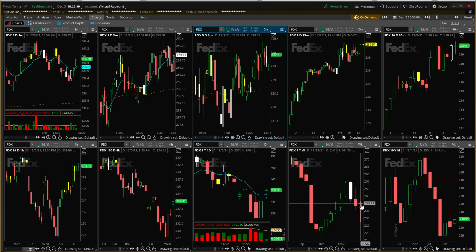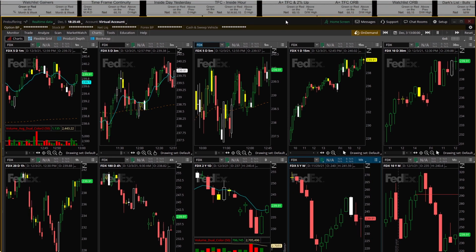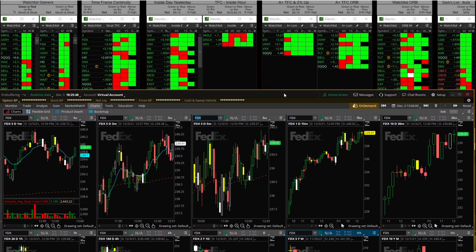If you look at this weekly bar, it's almost green. Okay, it only needs a little bit more to go green. So once this thing goes green, it's very close. You're going to have full time frame continuity. Okay.